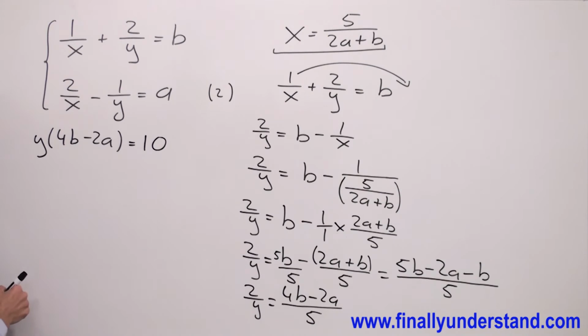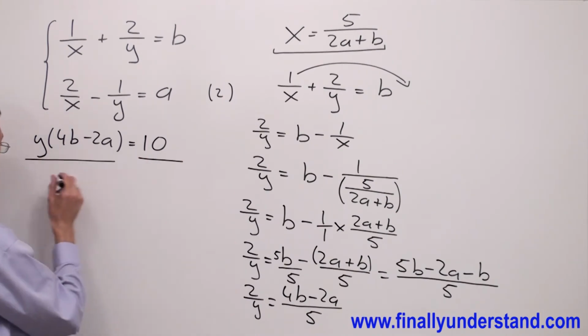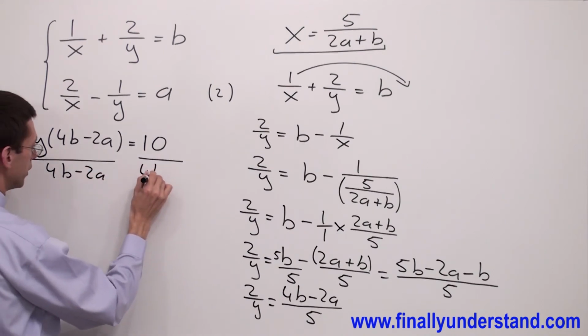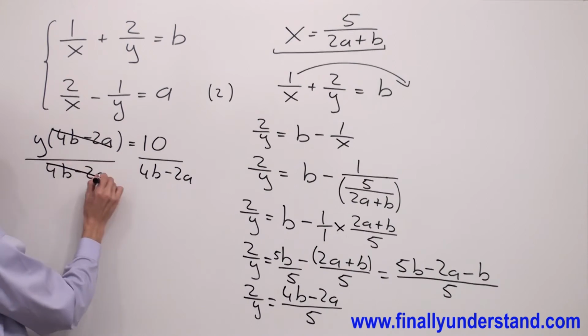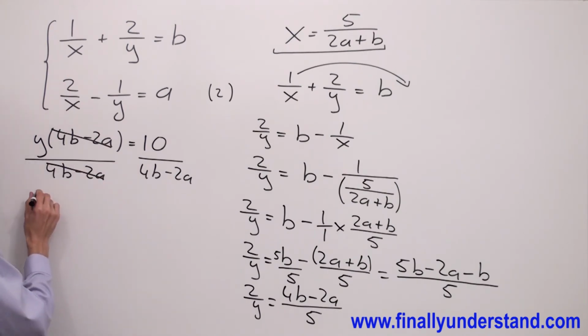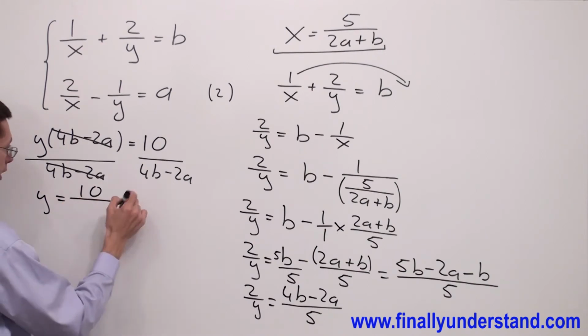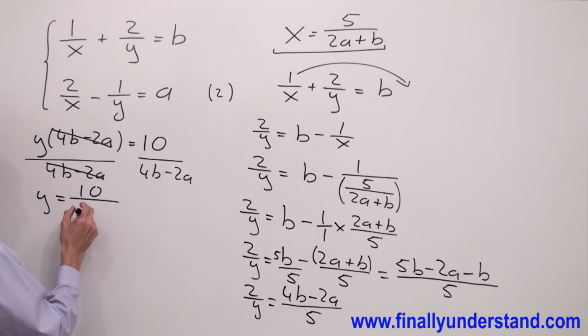Okay, so next I'm supposed to solve this equation for y. In order to do so, I have to divide both sides of the equation by 4b minus 2a. 4b minus 2a and 4b minus 2a will cancel out, and I have y equals 10 over... I can factorize 2 from these two terms.